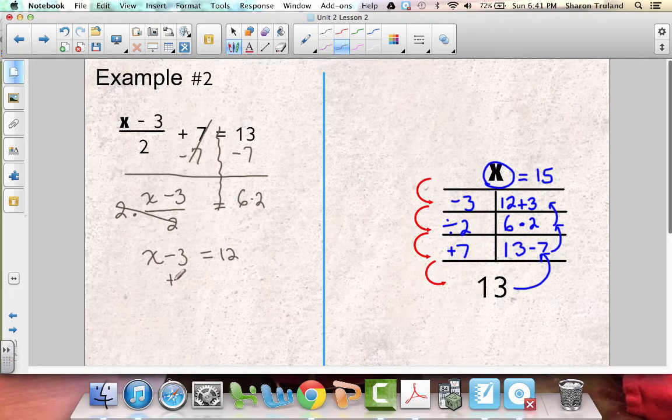And then we're going to undo this minusing 3 by adding 3. And if you're seeing, people, we're doing exactly this table. See how our first step was -7? Well, that's our first step over here, -7. And then see how we multiplied by 2? Well, we multiplied by 2 over here. And then see how we added 3? Well, we added 3 here. So whatever floats your boat.